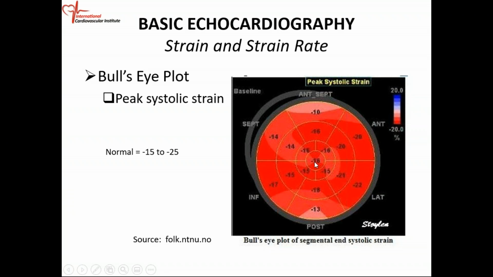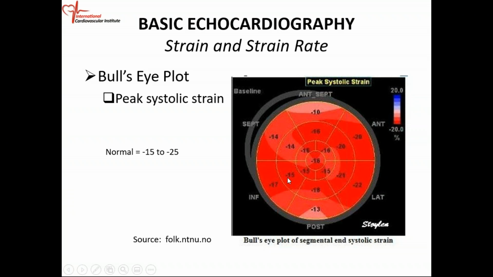So this in the center is the apical cap. Just outside of that, we have the apex. Just outside of that, the mid segment of the heart. And just outside of that is the base. And remember that apart from the apical cap, the apex is divided into 4 segments or 4 regions.